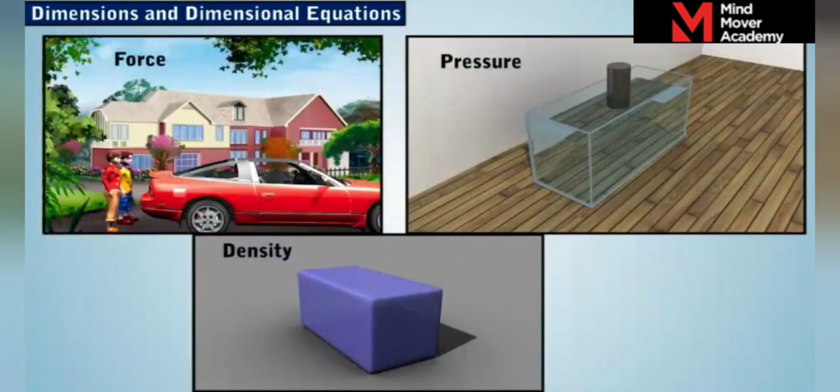So far we have discussed derived physical quantities, namely force, pressure, and density. These quantities have units, namely newton, pascal, and kilogram per meter cubed respectively. But there are certain derived physical quantities that do not have units.